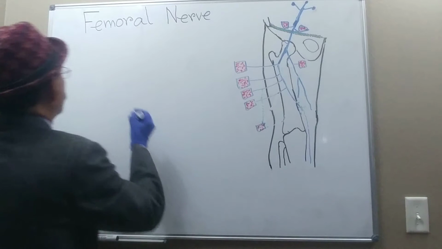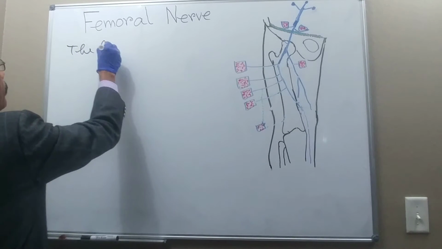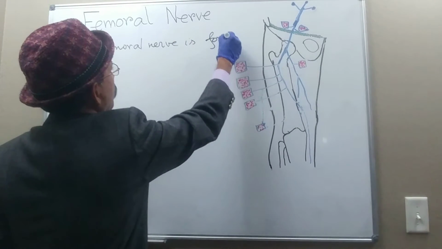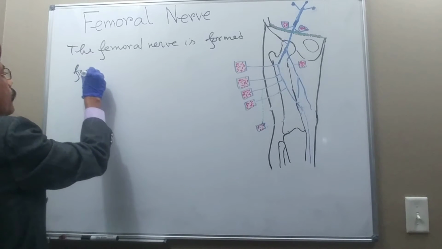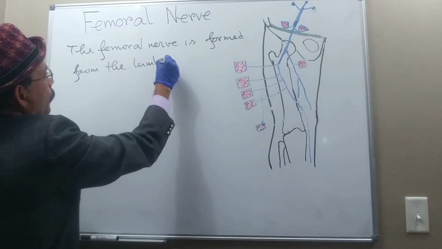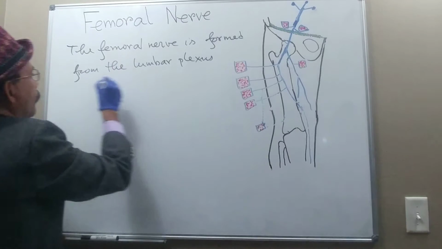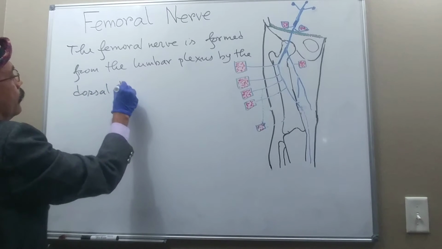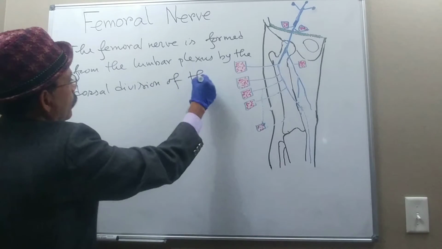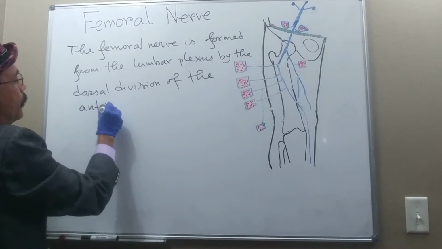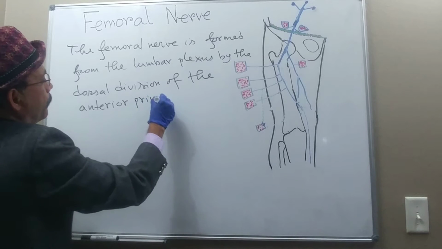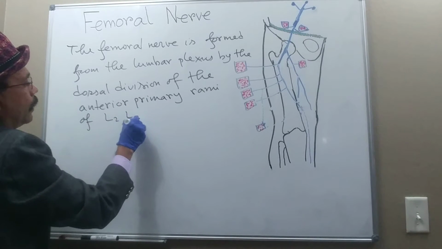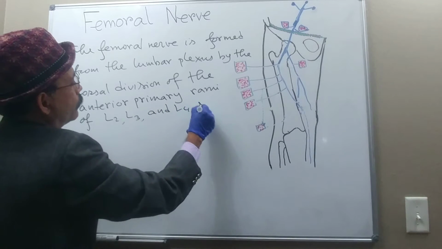Okay, the femoral nerve is formed from the lumbar plexus by the dorsal division of the anterior or ventral primary rami of L2, L3 and L4 spinal nerves.